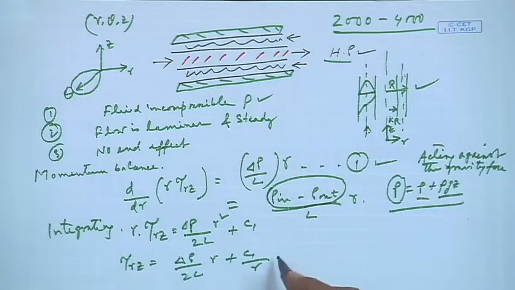So, this means we have one equation where this constant C1 has to be found out, and to find out this constant C1 we need to know the boundary conditions.